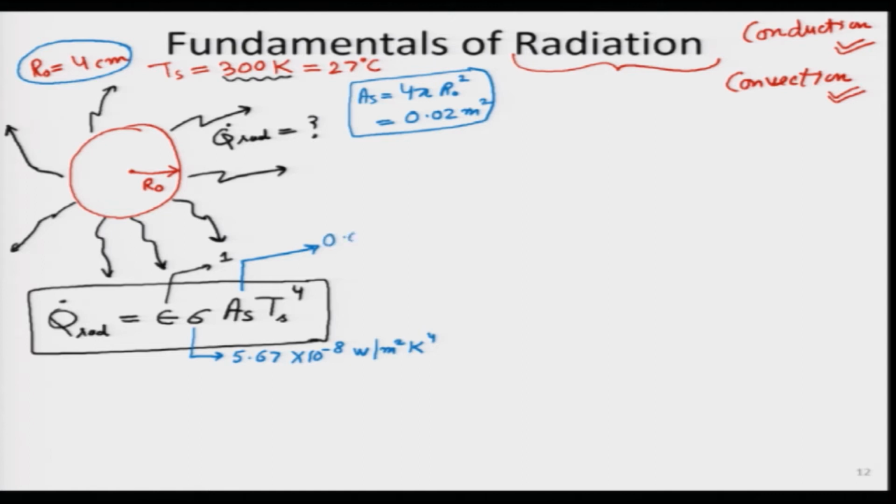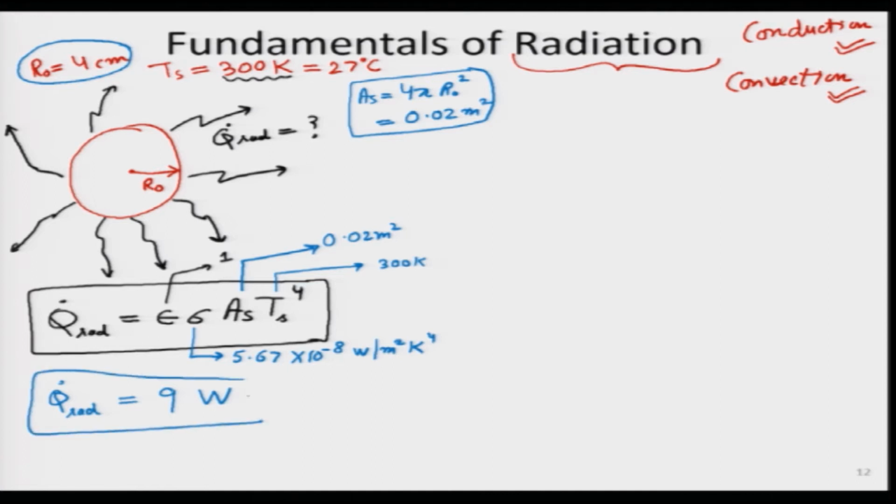So, A_S turns out to be 0.02 meter square, and T_S value also I know is 300 Kelvin. So, this is a very simple equation. I can plug in all these values, and with a scientific calculator where I can calculate T to the power 4 very easily, I get some value very close to this.